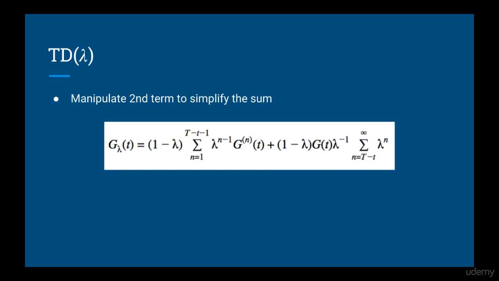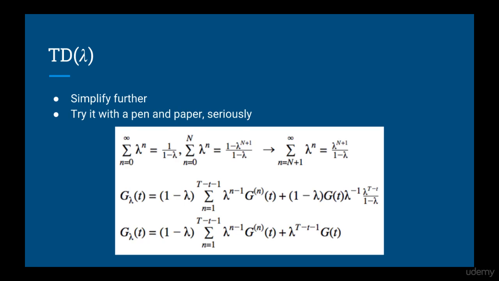We can manipulate the second term until we're left only with the part that depends on n inside the sum. Now the next step is, if you manipulate some of the identities related to series, you can solve for the second sum in closed form.